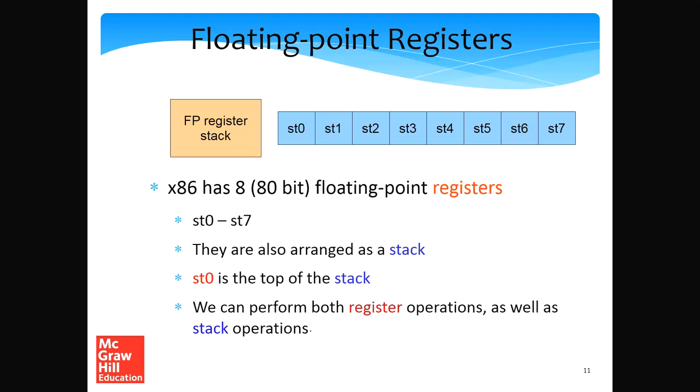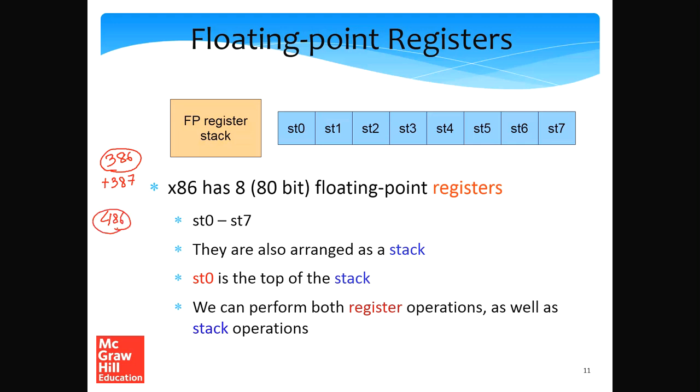Going back to history, the 386 processor, the 80386, which was released in the mid 80s, did not have floating point support, so it was only possible to have integers. An additional co-processor called the 387 chip was used to give it floating point support. But finally, when the 486 processor came, it had floating point support.